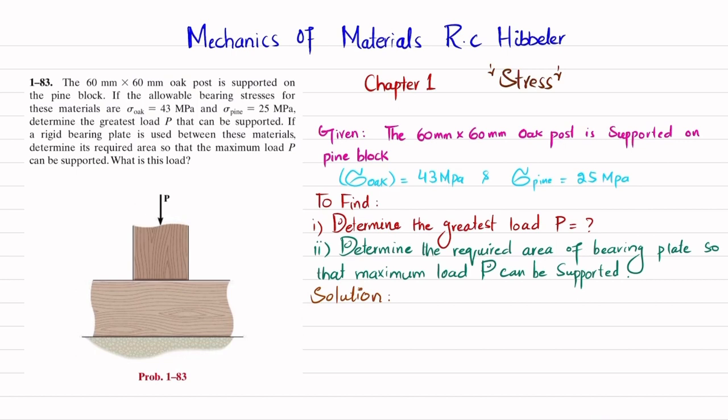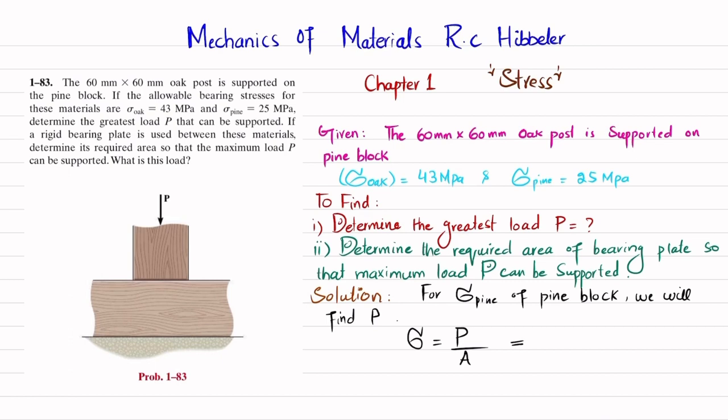Now what we will do is find this P for the allowable bearing stress of the pine block. How will we find P? We know that stress is generally equal to force per unit area, or load per unit area.